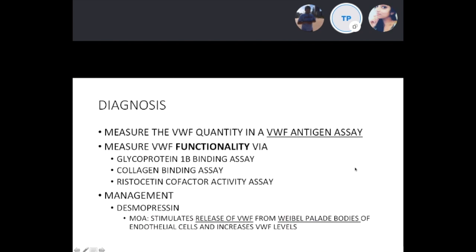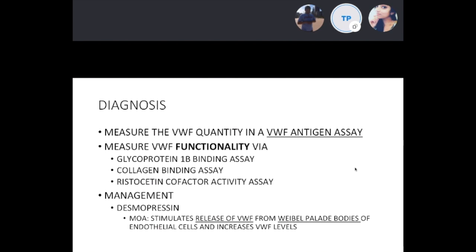So diagnosing von Willebrand disease, you can measure the von Willebrand factor quantity in a von Willebrand factor antigen assay. You can measure the functionality of the factor via a glycoprotein 1B binding assay.